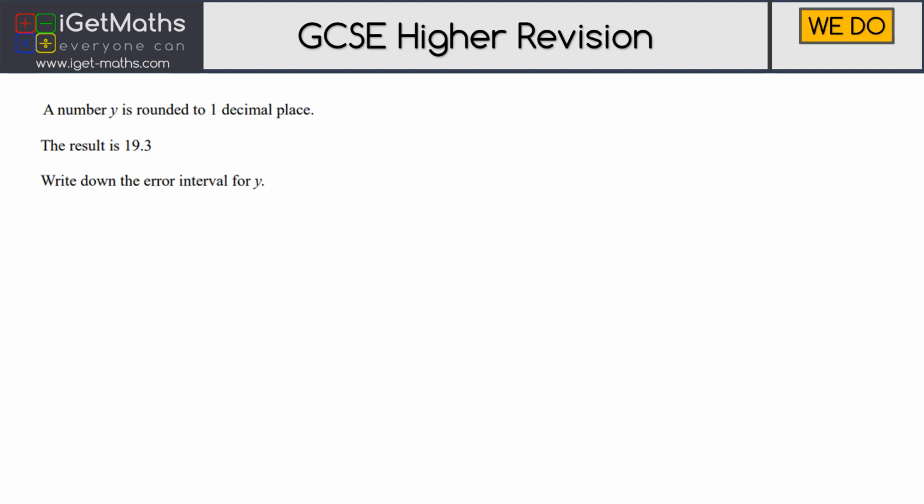So number y is rounded to 1 decimal place. The result is 19.3. Write down the error interval for y. So quite simply, because it's to 1 decimal place, you've got your unit 0.1, and whatever unit you have, you just halve it. So you'd halve that and you'd get 0.05, and you would subtract that for your lower bound, and for your upper bound you would just add it.